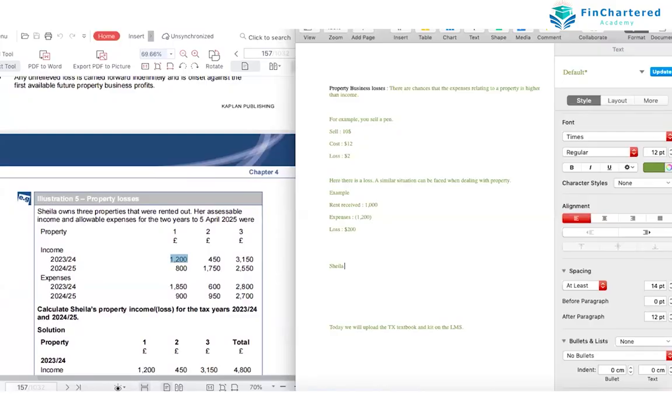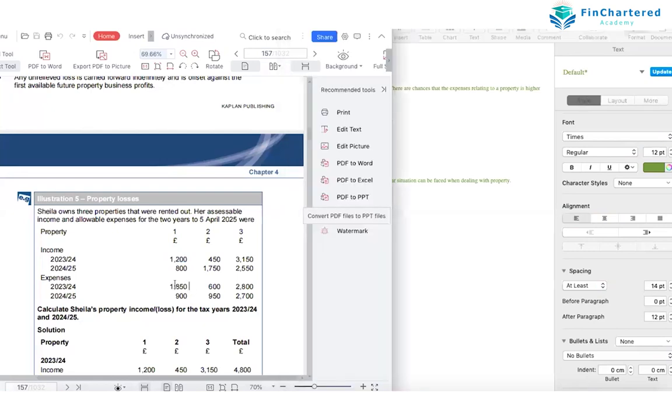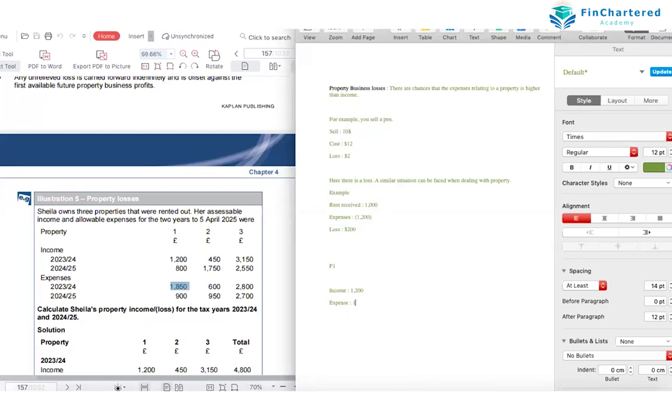Property 1, P1, income is 1,200. Expense for the property in that year is 1,850. So you see there's a loss. There's a loss of 650.